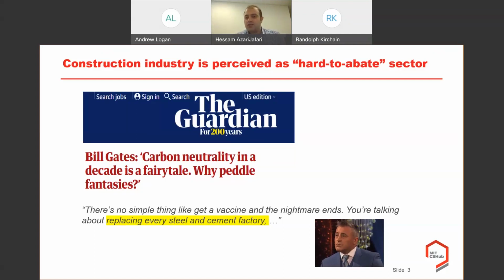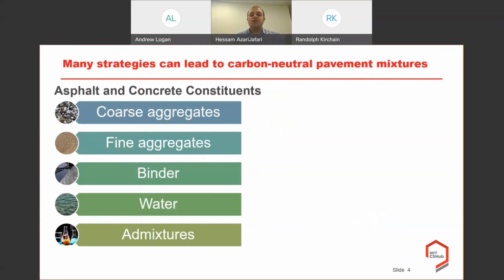To answer these questions, I'm going to go ahead and talk about different ingredients of the mixtures that we use for pavements, both asphalt and concrete constituents. As pavement is a composite material, we can have different constituents, and each constituent will give us different opportunities to reduce the GHG emissions of the embodied impacts of pavement materials.